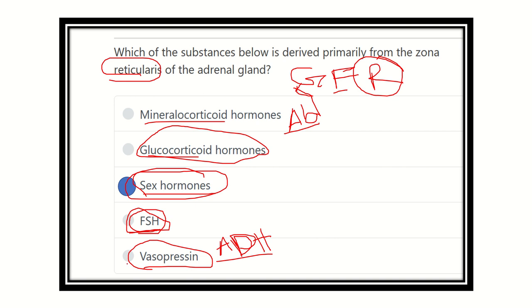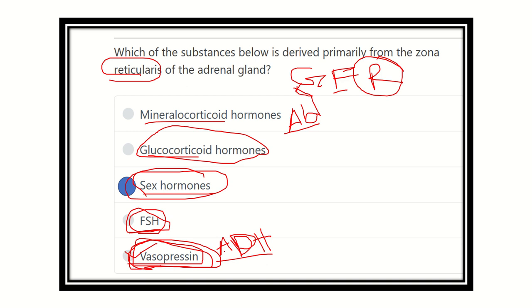Vasopressin is another isomer of ADH, and it is responsible for pressing of the vessel. That means it causes constriction of the vessel, and it increases the blood pressure.